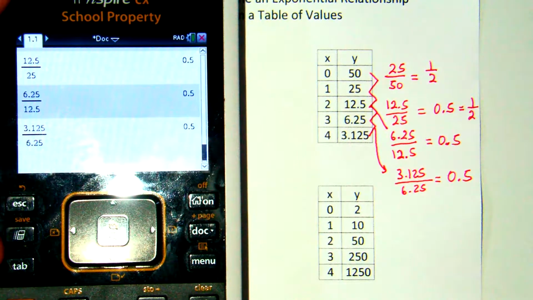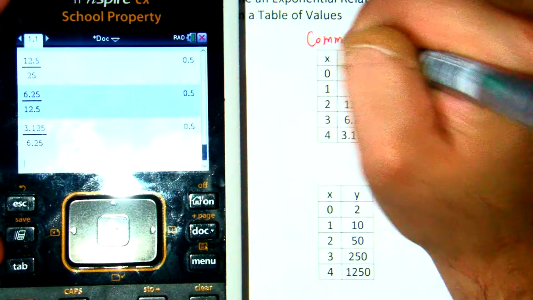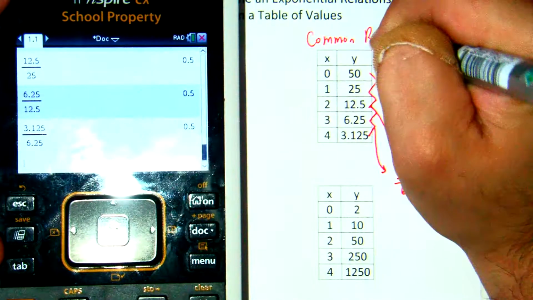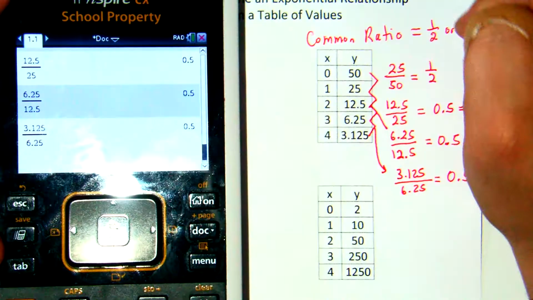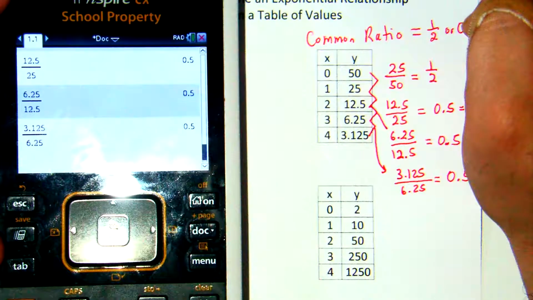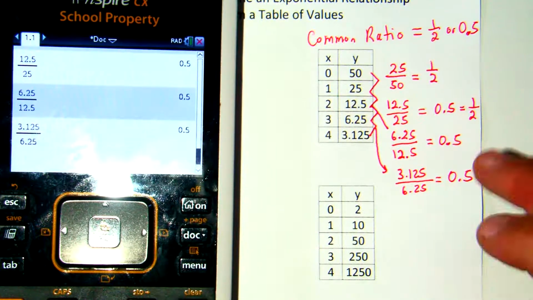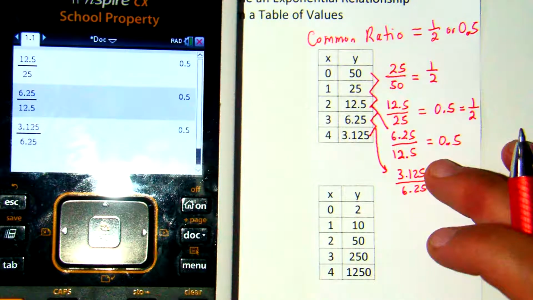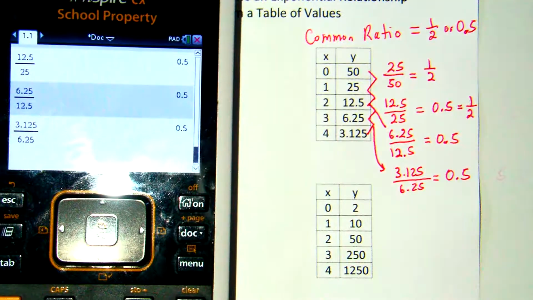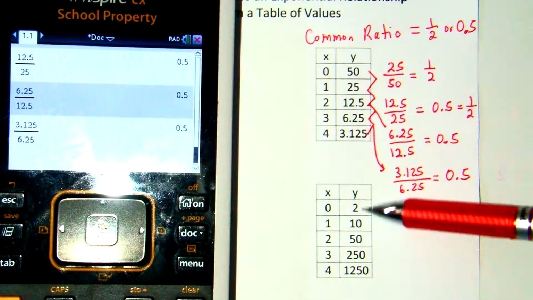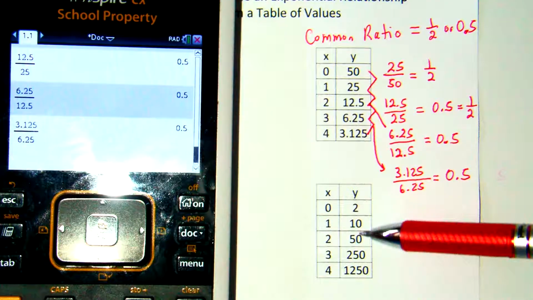So what can we say about this table? It has a common ratio, and it equals 1/2, or if you prefer the decimal, 0.5. This is what we would call an exponential decay situation, not growth, because the values are decreasing. When the values increase, we call that exponential growth.